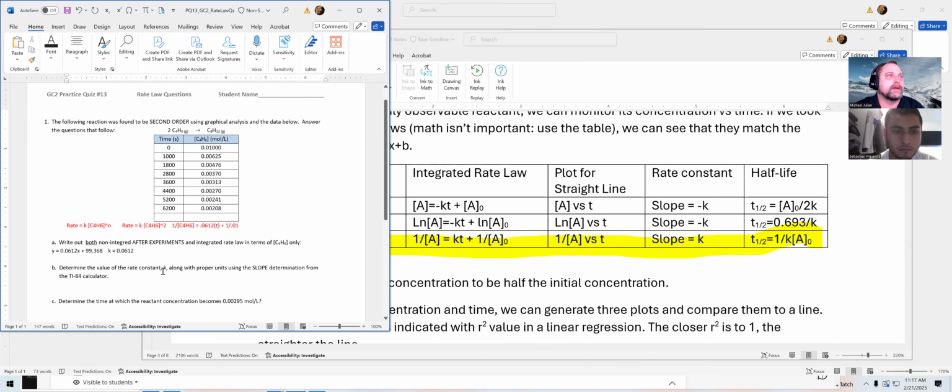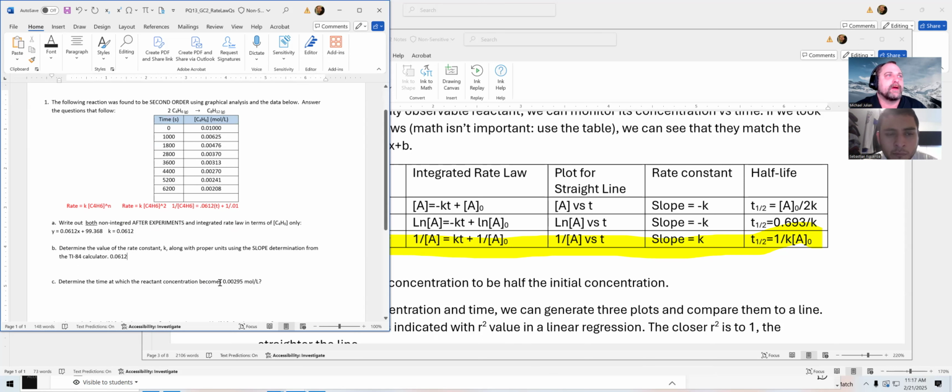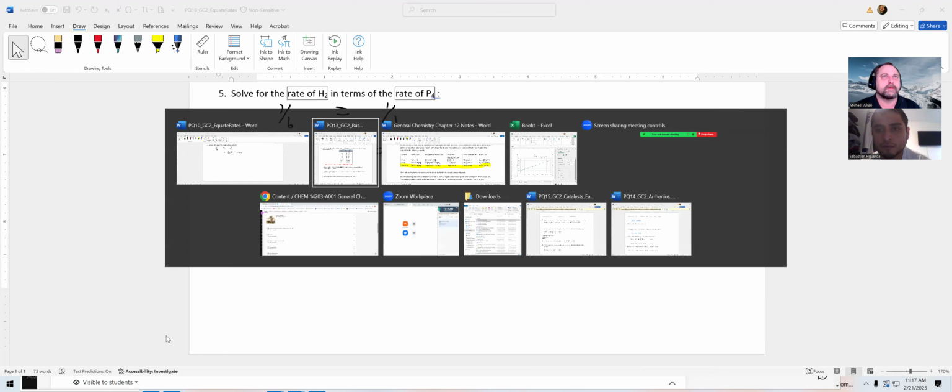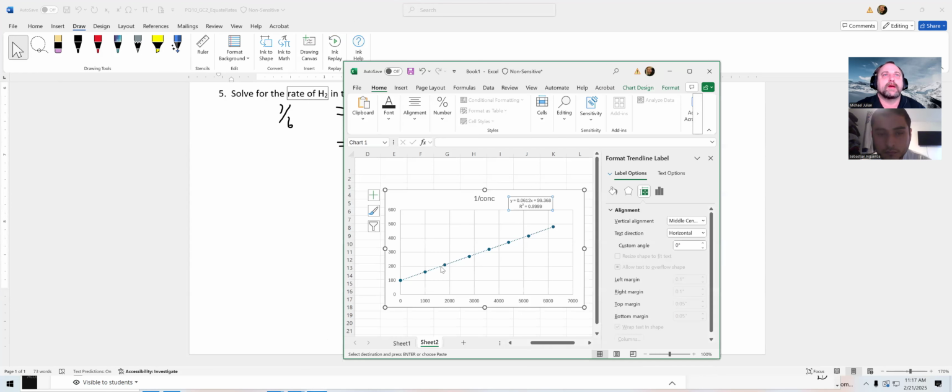And then they wanted us to find the slope. And so our slope was 0.0612. And then they ask us to figure out when does the concentration come out to be 0.00295. And we could come to Excel and find when this comes.